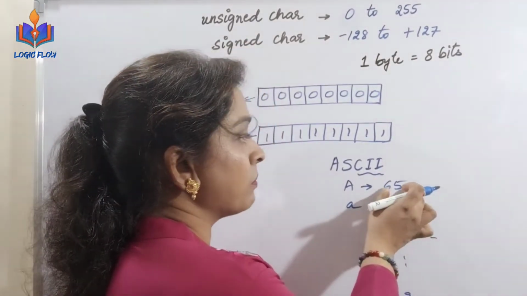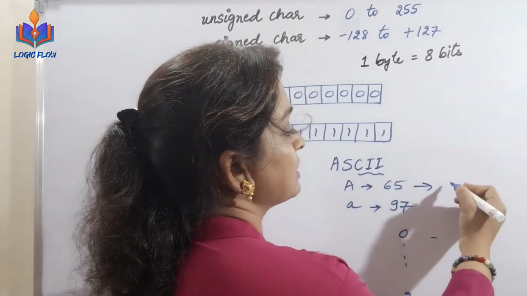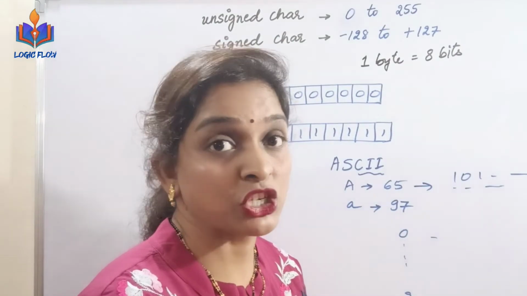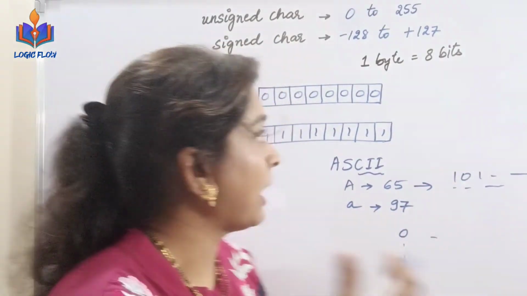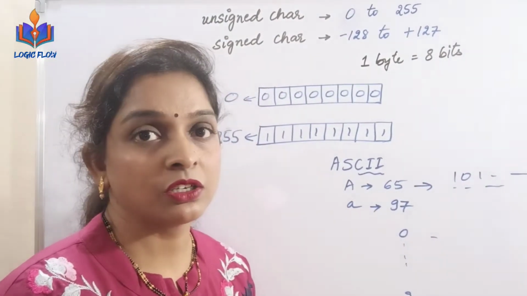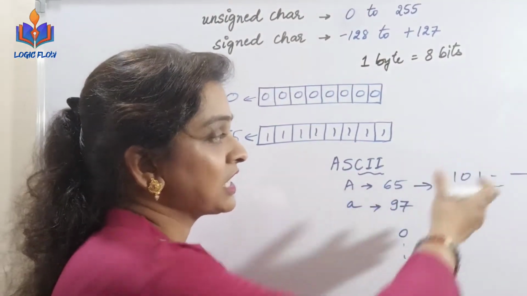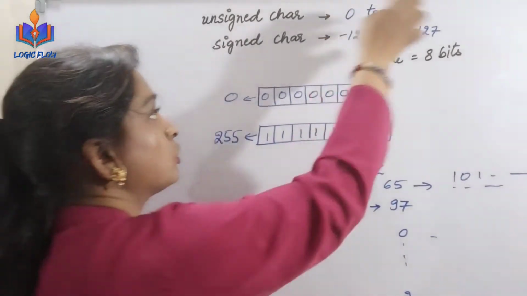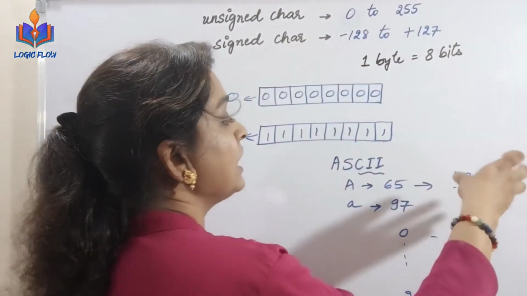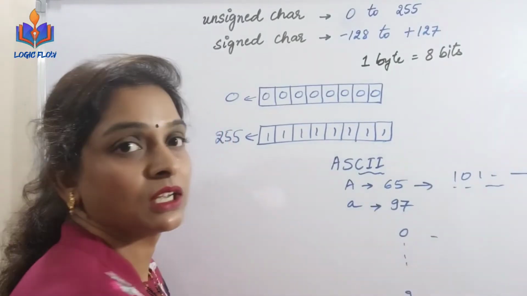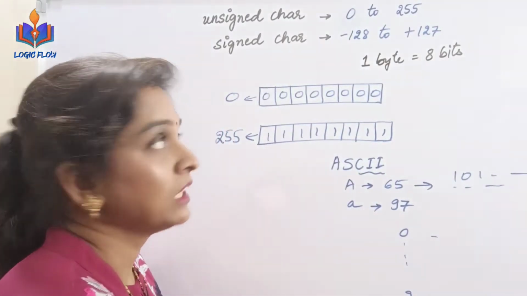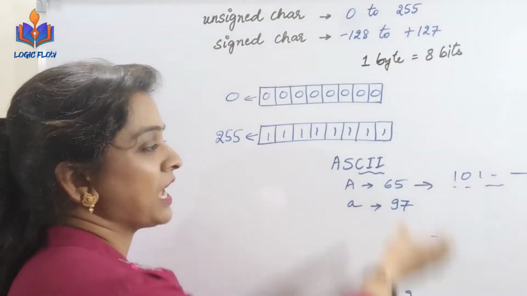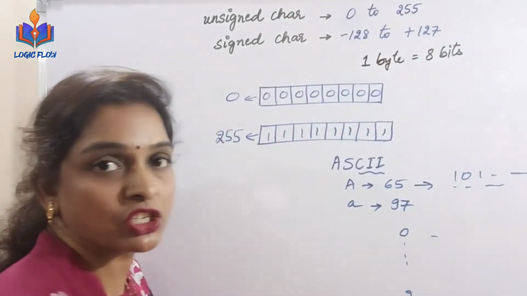We get some decimal number, and that number is converted to a binary sequence, which the machine can understand. So the characters have to be converted to ASCII code, and ASCII code will be converted to binary format. So 0 to 255 is the range of these ASCII codes, for positive numbers.